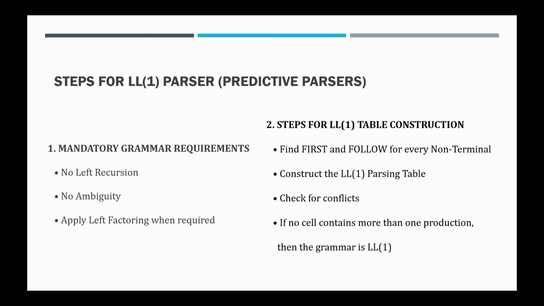Then we construct the LL of 1 parsing table. After constructing the table, in each cell of the table, we need to analyze one thing. If no cell contains more than one production, then we can say the grammar is an LL of 1 grammar.